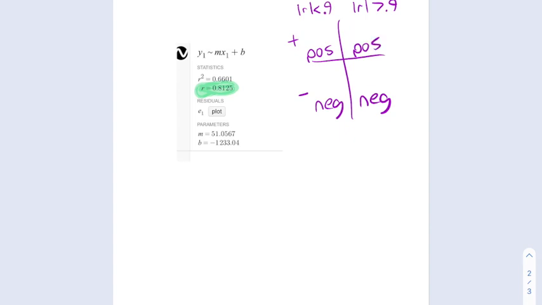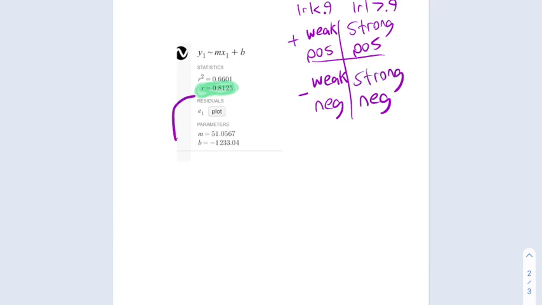Now, if R is smaller than 0.9, the number part of R, that's why we have absolute value there, that makes this weak. So we have a weak positive or a weak negative. And if the number portion of R is greater than 0.9, we have a strong positive or a strong negative.